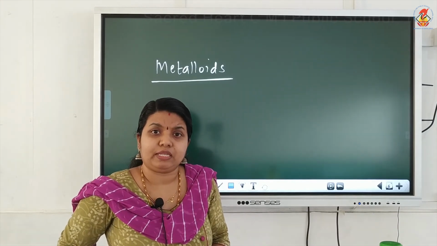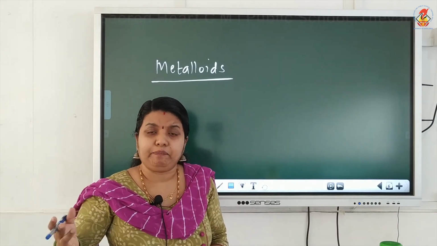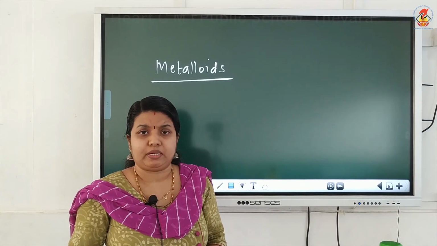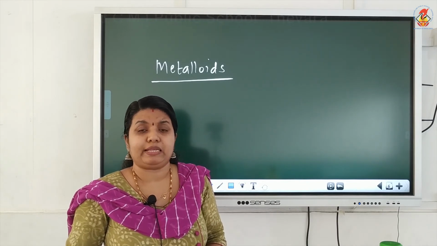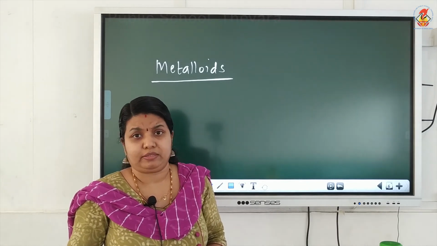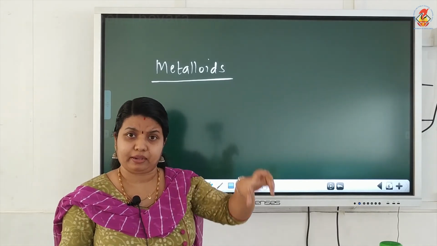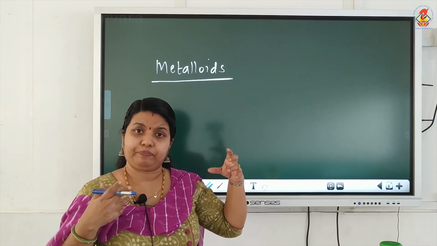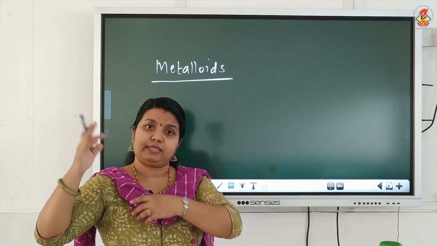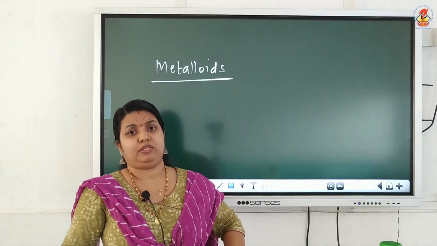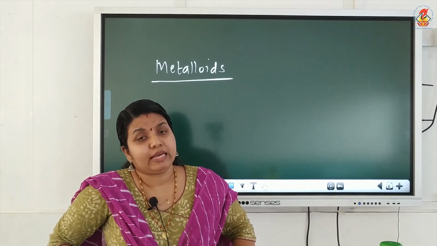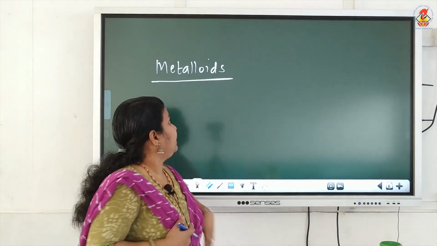In some properties they resemble metals, but in some properties they resemble non-metals. So, those elements cannot be placed under metals or non-metals. So, some properties are similar to metals. So, if they are placing them under metals, some properties they are not similar to metals. Those are the properties of non-metals. So, what can be done? They are placed in a separate group called metalloids.